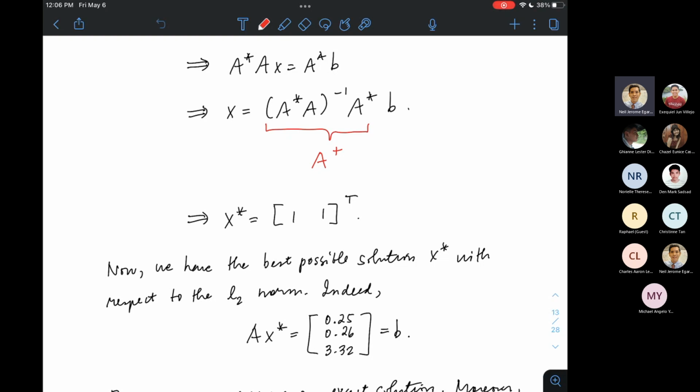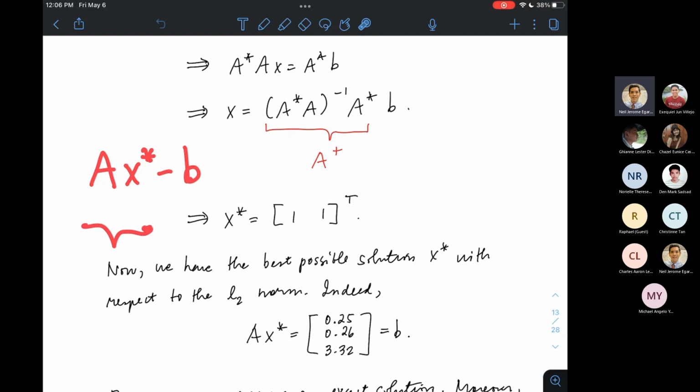Kung inconsistent, wala ka talagang solution na mahahanap at all. So the next best thing that we can get is a least square solution, something that will minimize the L2 norm of the residual. Pag sinabi nating residual, halimbawa meron kang solution na x star, yung residual ay Ax star minus b. Alright? Gaano kalayo yung nakuha mo na A times the solution vector minus the right-hand side.